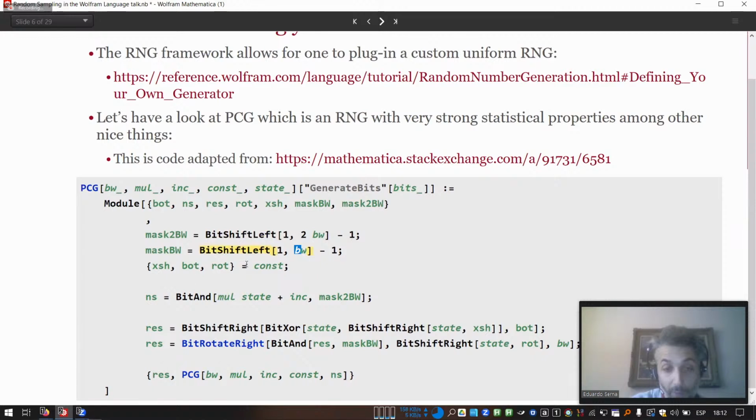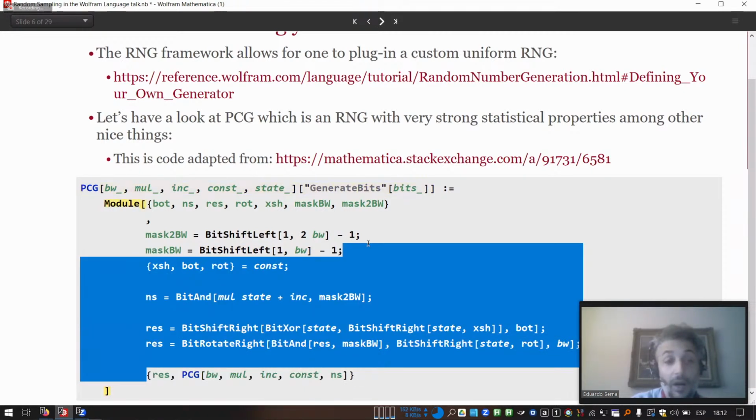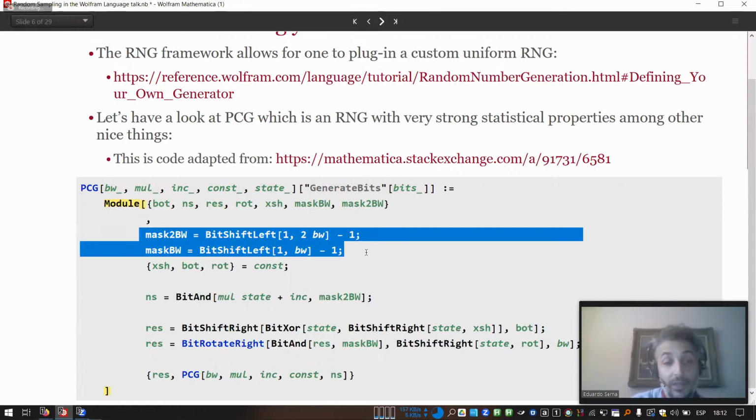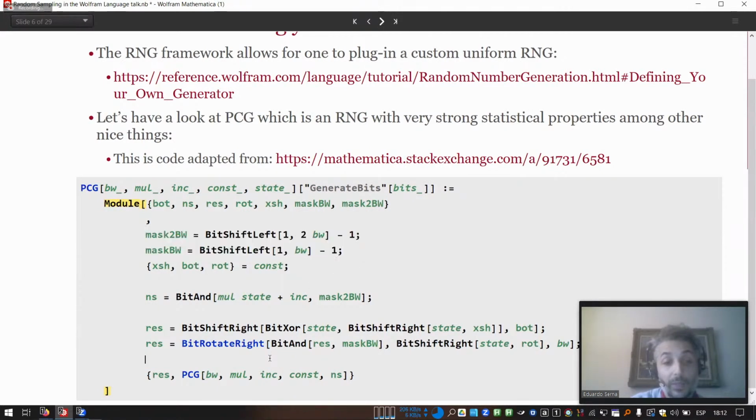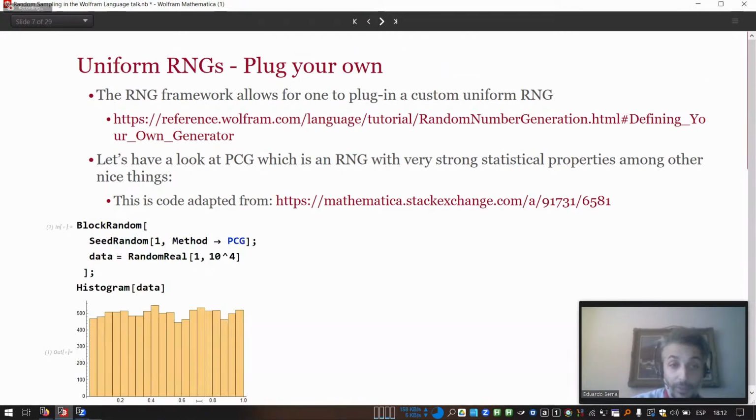So you do some operation on the state, and then you do some further operation that is just bit operations that are mixing things about, XORing, shift righting, rotating right, and then you return the result and the new state. This is essentially the heart of the code of this generator, and as you can see, it's very, very simple. This code is just to make sure that we have the correct bit width. I'm not going to show the rest of the boilerplate involved in plugging it in, but that's the heart of the generator.